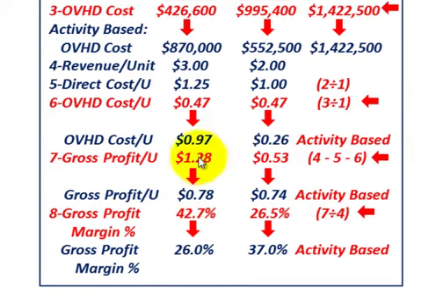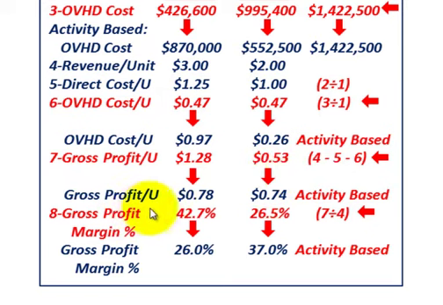So you can see we're way off for our direct labor. We're saying we're making a whole lot more money for product A than we actually are when we look at our activity-based costing. And same for product B, 53 cents gross profit per unit versus 74 cents. Here we're actually making more using our activity-based costing, which is supposed to be a more accurate costing.